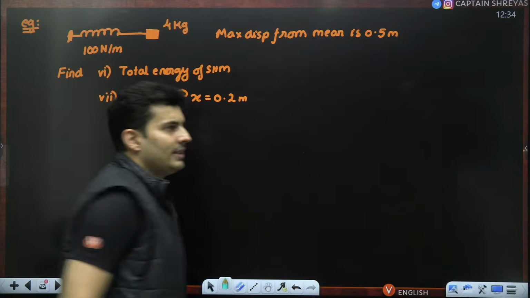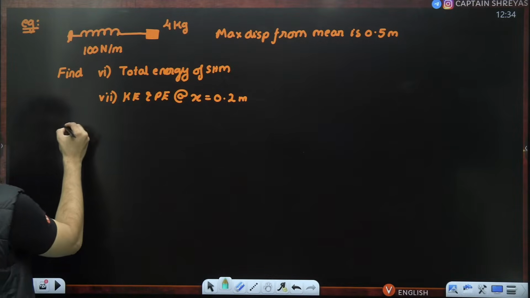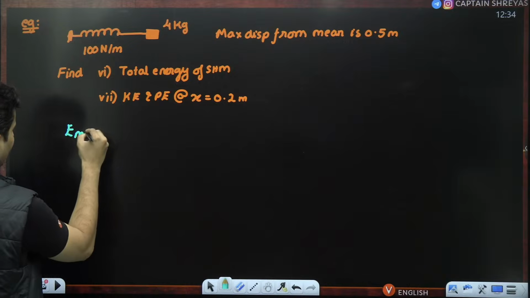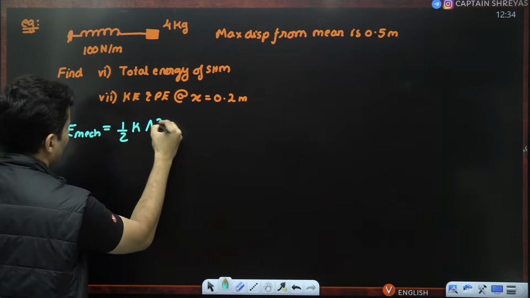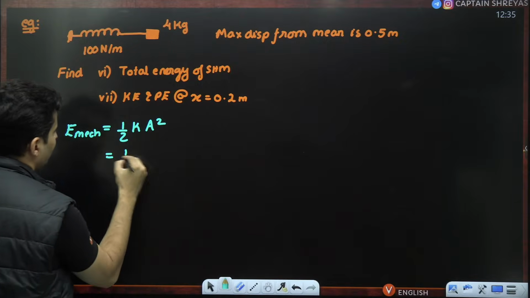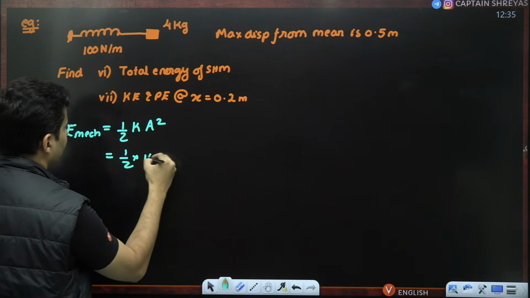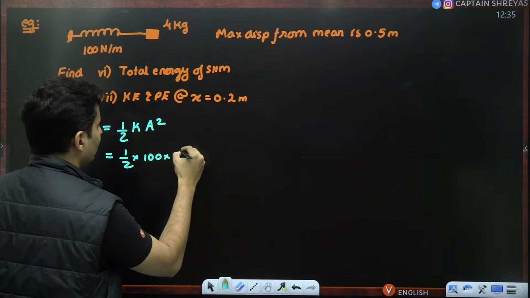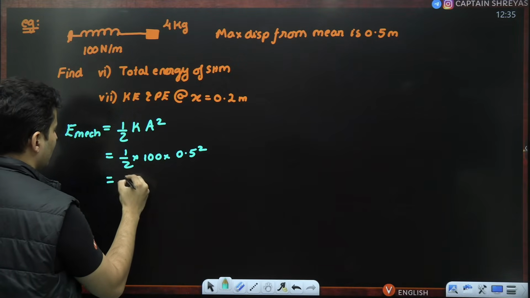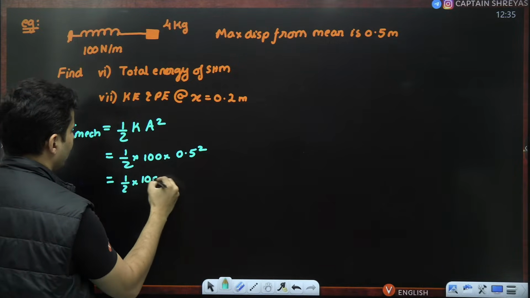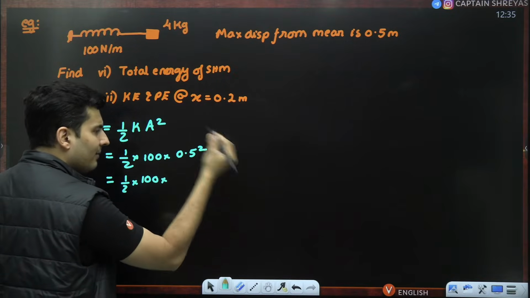We know the total energy of SHM formula actually. The total mechanical energy of SHM is given by half spring constant into amplitude square. Spring constant, we know it is 100. Amplitude is nothing but 0.5. So this will be half multiplied by 100 multiplied by 0.5 square.